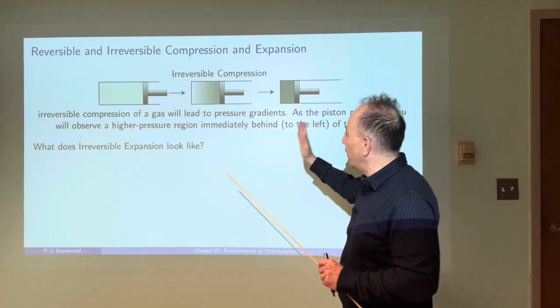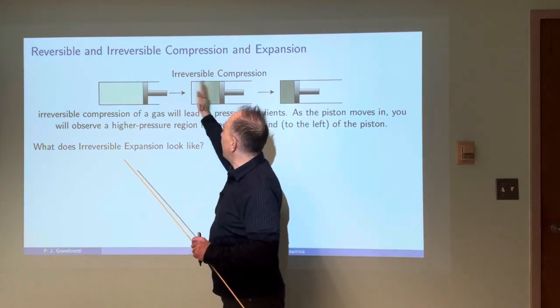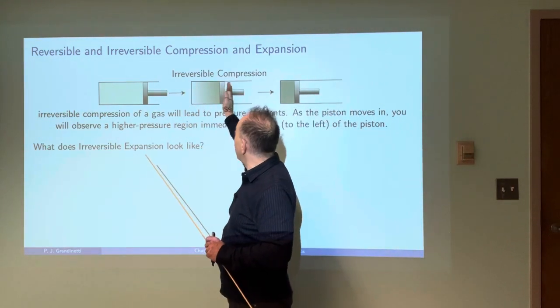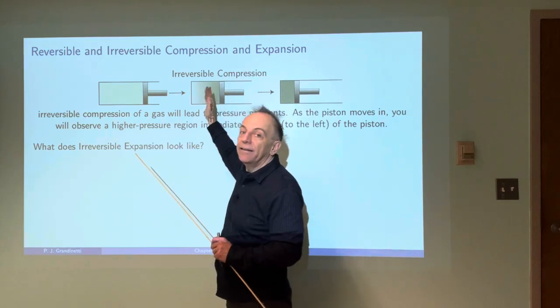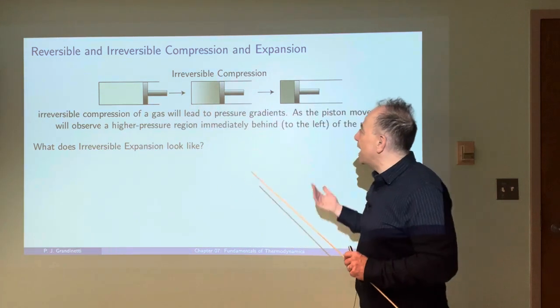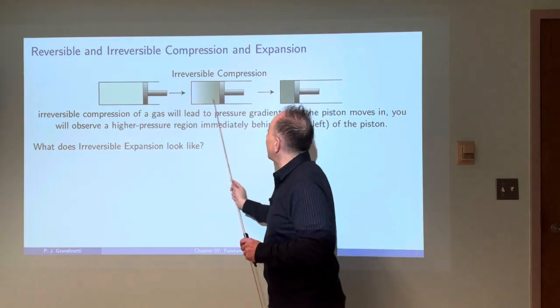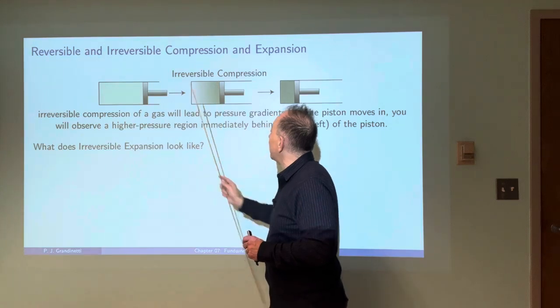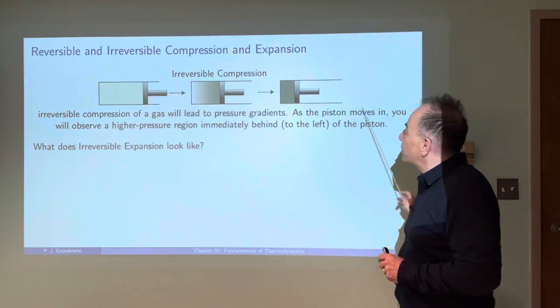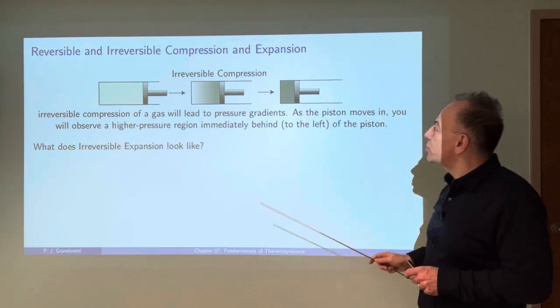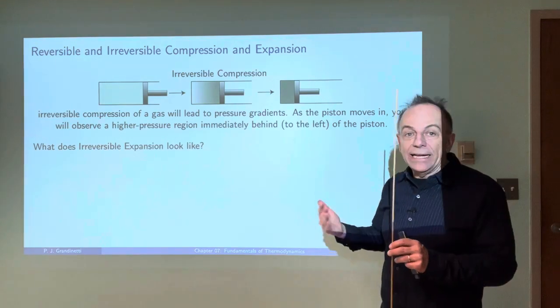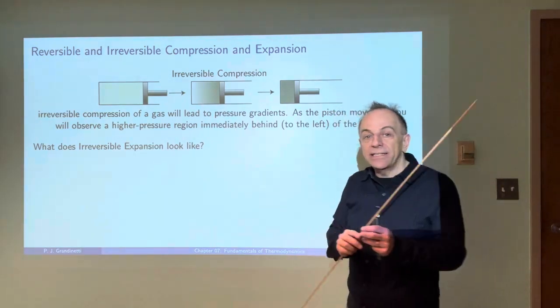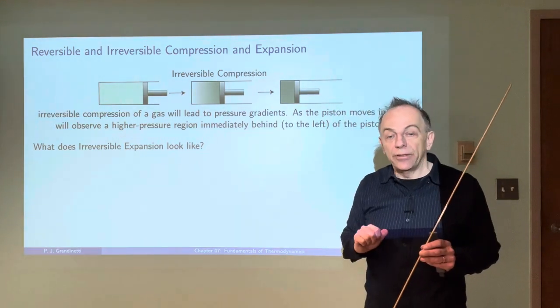So eventually there'll be a wave that moves back and forth, and eventually this will equilibrate to the same pressure. But as soon as I push this in, there'll be some deviation in the uniformity, with a higher density here and a lower density there. So this irreversible compression will not be at equilibrium during these intermediate steps because the pressure won't be uniform throughout.